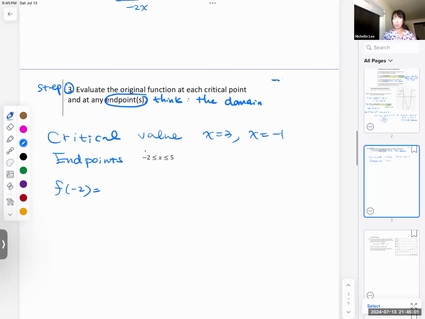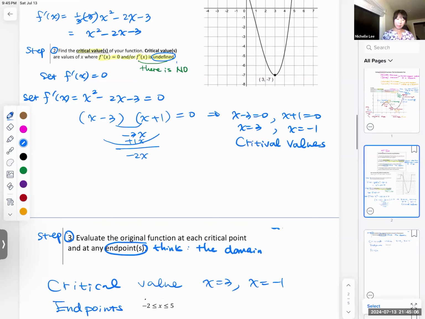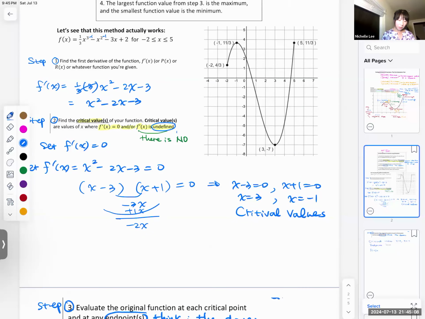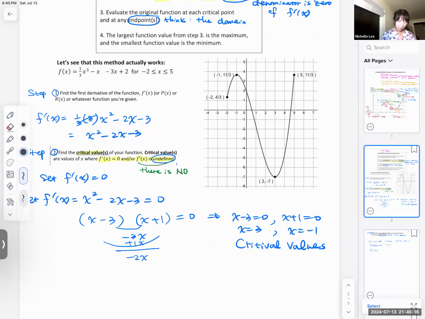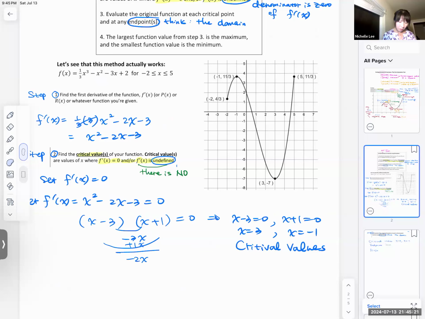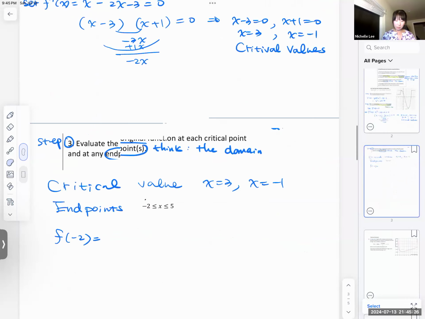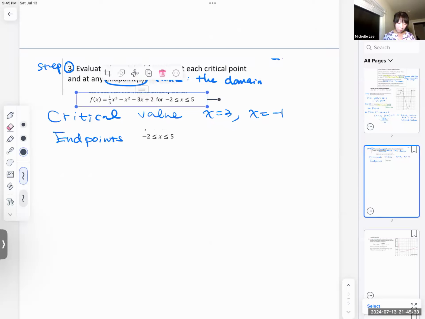Now I need the original function, because I said f of, not f prime of. Here is the original.